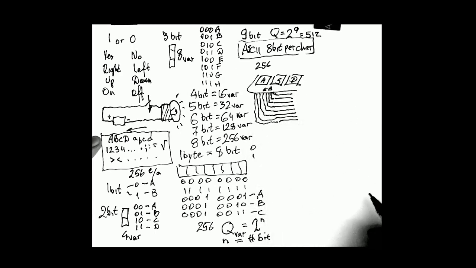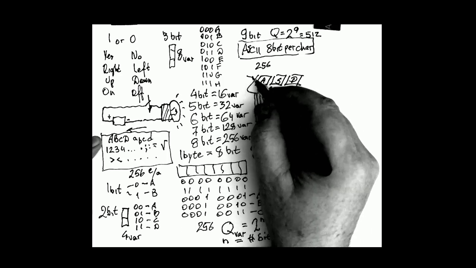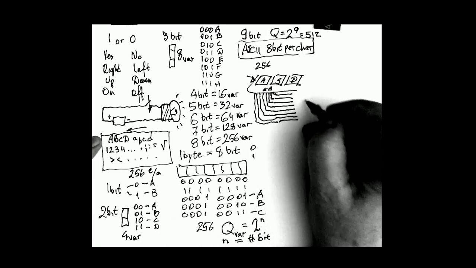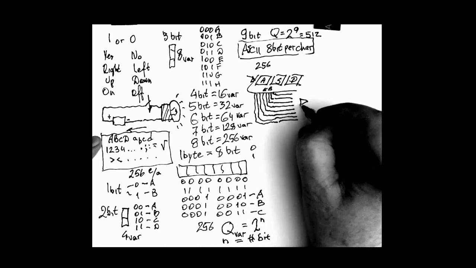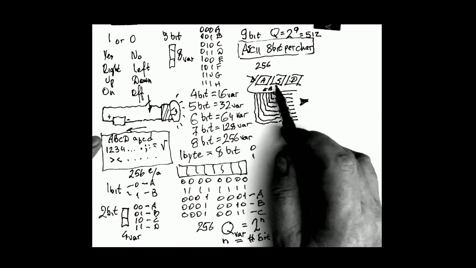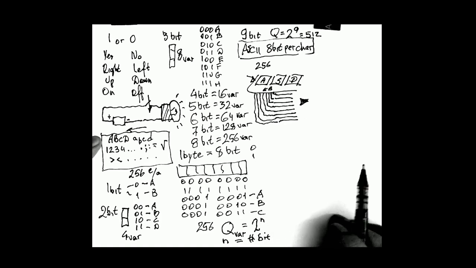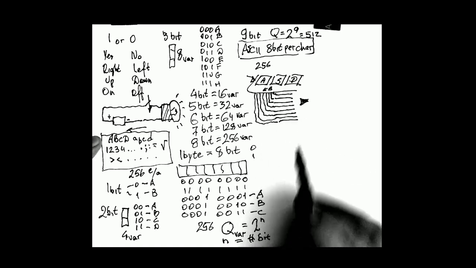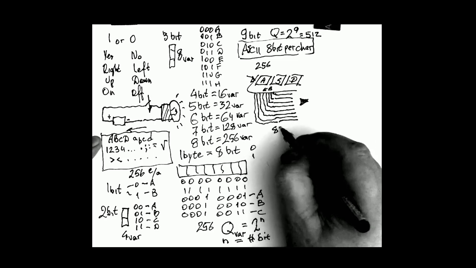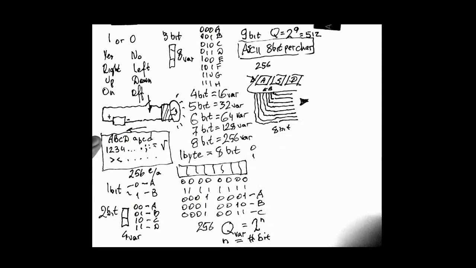Why 8 wires, folks? Because when you push letter A, this code, ASCII code, will be sent to the computer. Every time you touch different key on the keyboard, different set of zeros and ones, totally 8-bit, will be transmitted from keyboard to the computer.